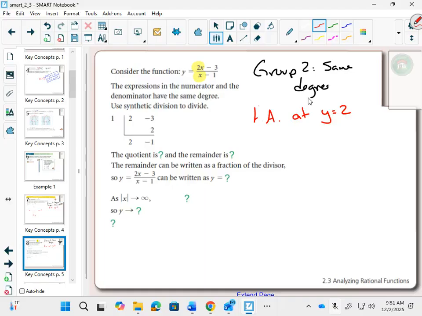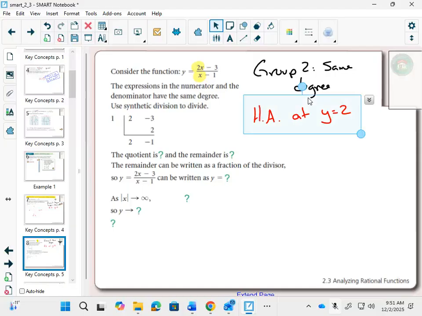Feel free to read it. I like it, but you don't need to know that. You can just keep the simplified version, and I think you'll like it. It's just the coefficients in front of the highest degree. Simplify that. 2x over x simplifies to 2. That's where your horizontal asymptote is going to be at y equals 2.